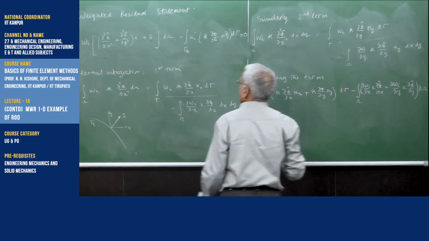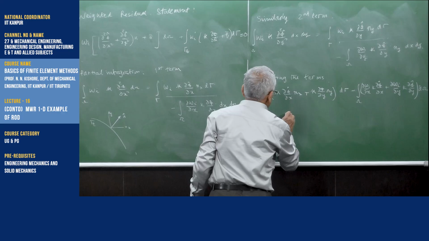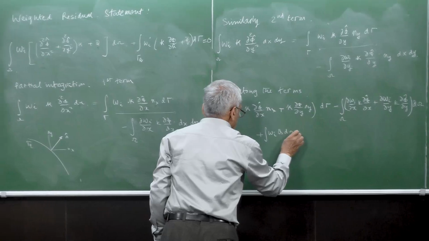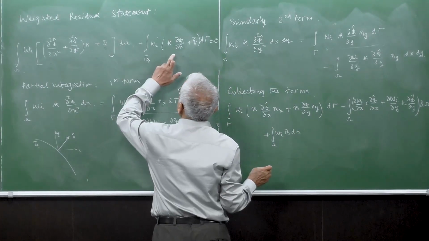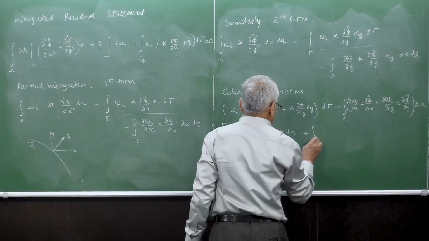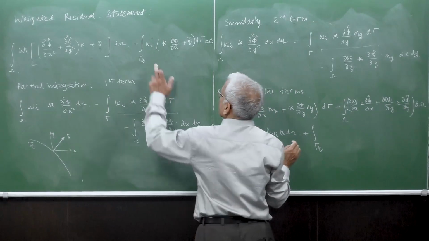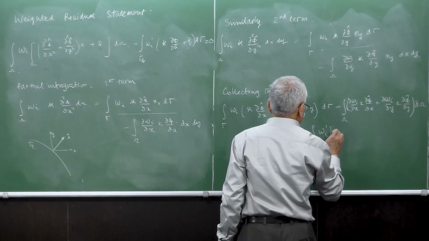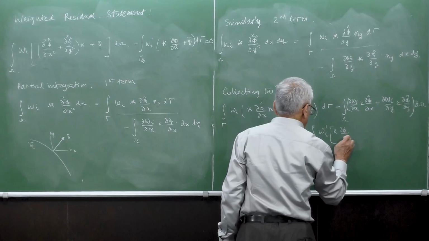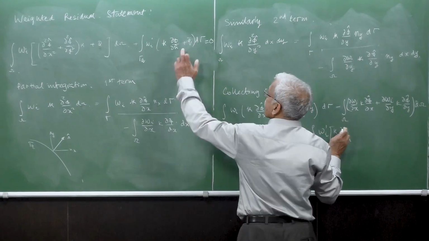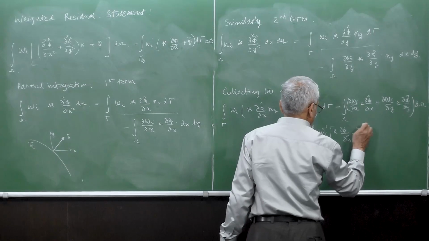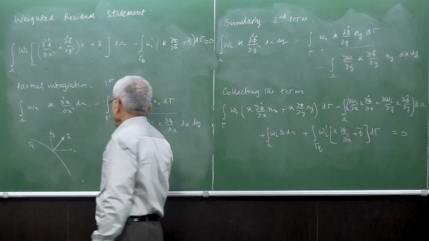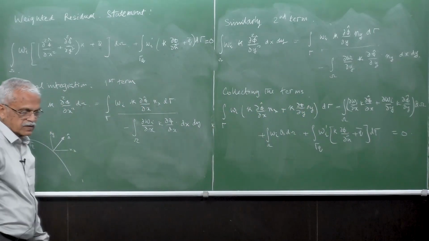Apart from that, we have some term on Q, that's Wi Q. Then we have this boundary term as given on Γq, which is Wi k ∂φ/∂n plus q̄. Okay, so this is how we collected all the terms.